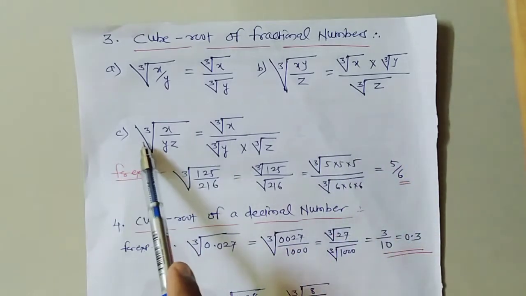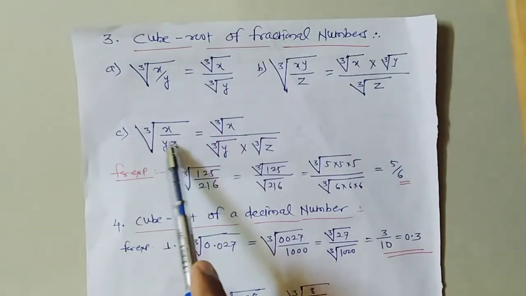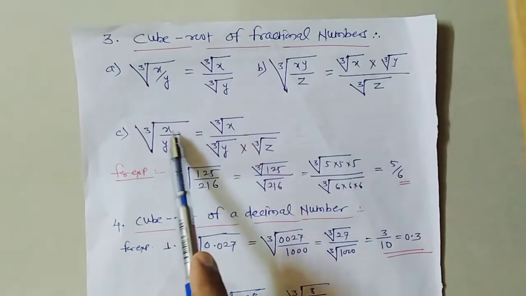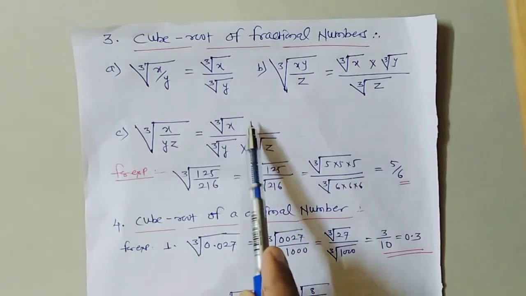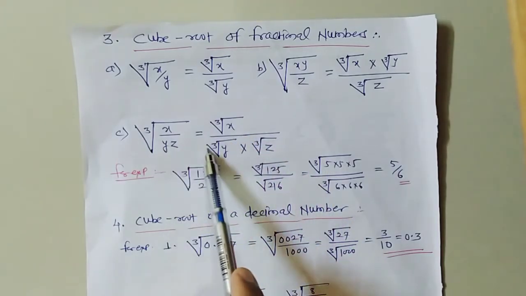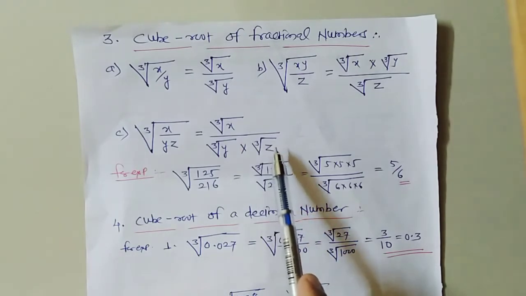Now the third, cube root of x divided by yz, a fractional number, we can write in the numerator cube root of x, divided by the denominator cube root of y multiplied by cube root of z.